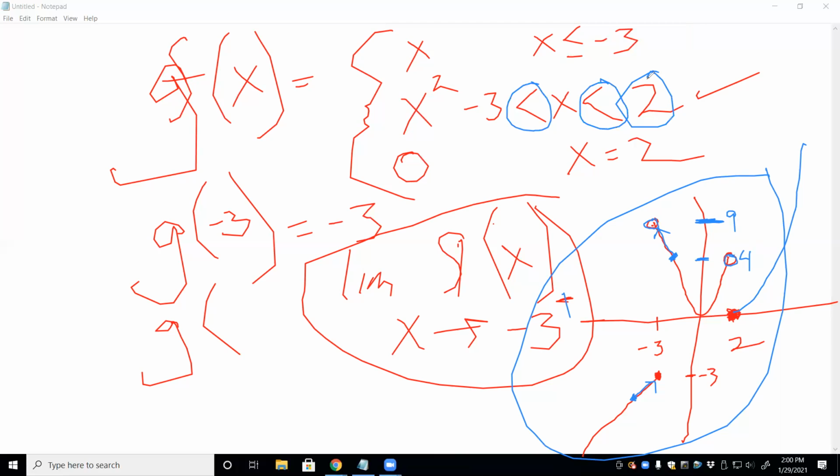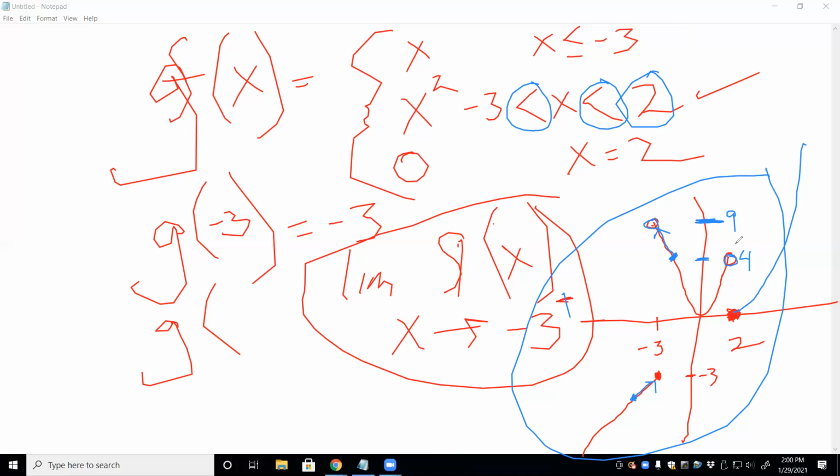Yeah, even though it never actually reaches there, that's what you do. Even when it's an open circle, you just plug in, just like we plugged in -3 for x to get 9. We plug in 2 to get 4, even though it never actually gets to 2.